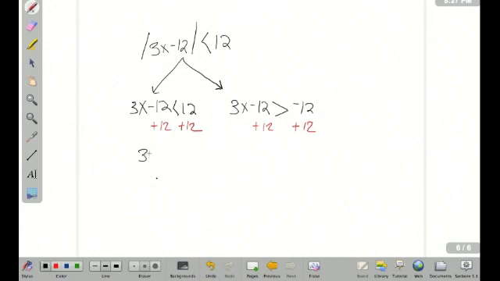So I'm left with 3x is less than 24, and 3x is greater than 0. When I divide both sides by 3, I get x is less than 8 and x is greater than 0.